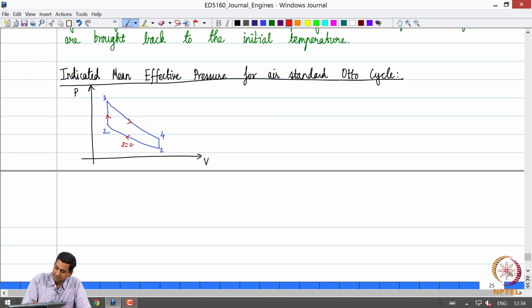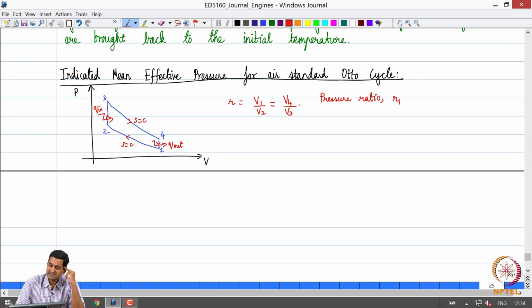So, we always need to mark the flow of the processes, and also some critical characteristics of each process. Okay. So, we already know that the compression ratio r is going to be V1 by V2 and that is also going to be equal to V4 by V3, and the pressure ratio, which is given by rp, is defined by P3 by P2.